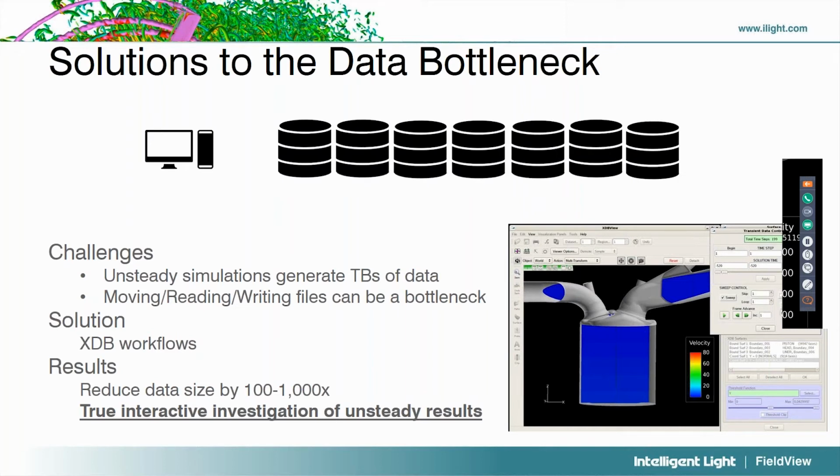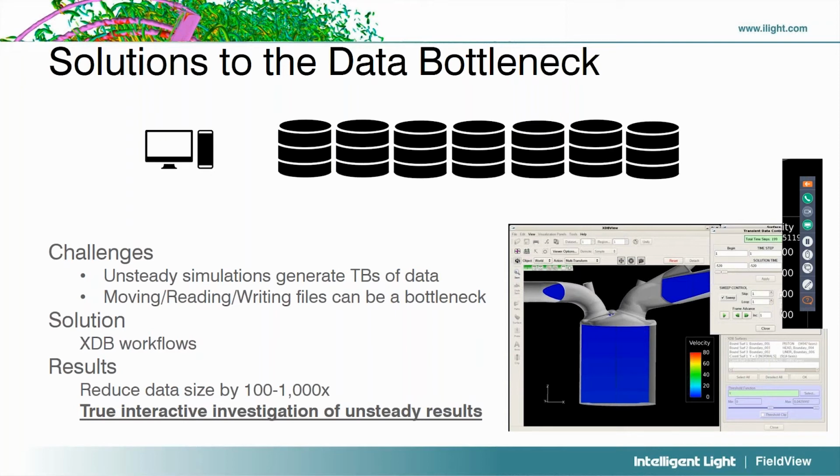As I mentioned earlier, it's really easy to run new unsteady cases with Converge, thanks to this great automated meshing. And the drawback of this is that people end up generating a lot of cases, a lot of time steps, and it's becoming very difficult to read and write those files, and it's taking a lot of time.